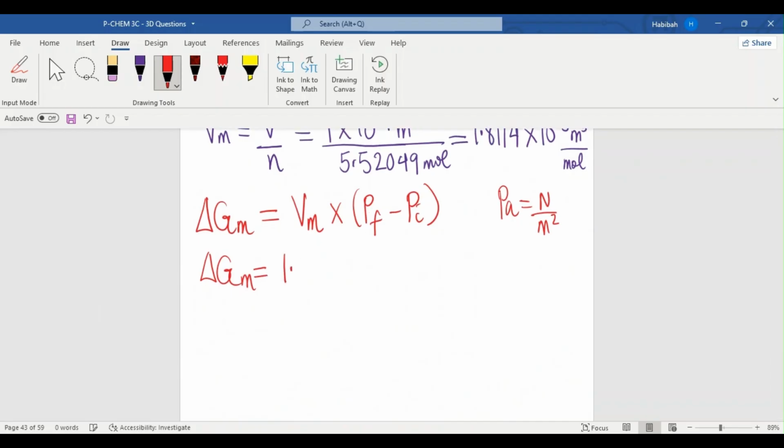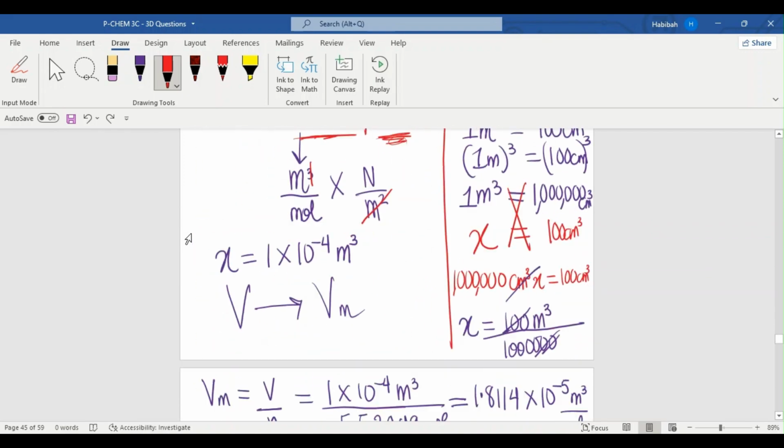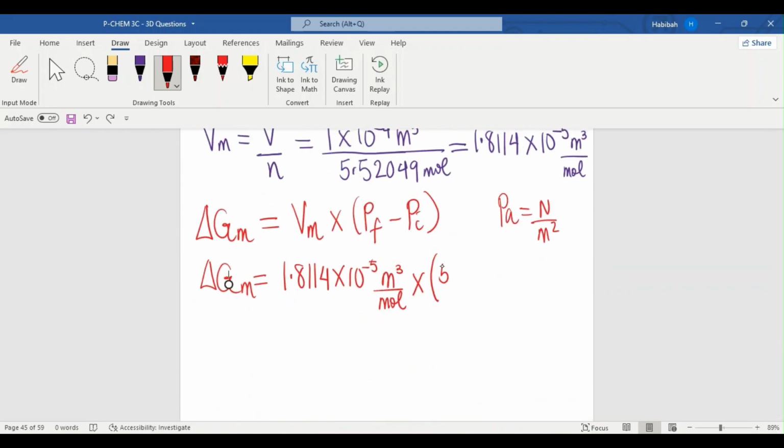So we have 1.8114 times 10 to the power of negative 5 meter cube per mole, times the final pressure, 500,000 Newton per meter square, because 500 kilopascal is the same thing as 500,000 Newton per meter squared, minus the initial pressure, which is just 100,000 Newton per meter squared.